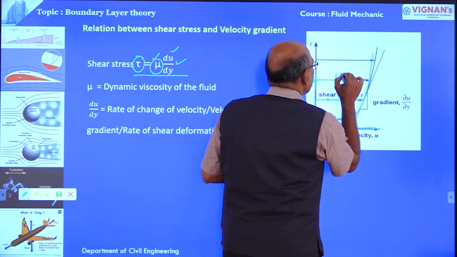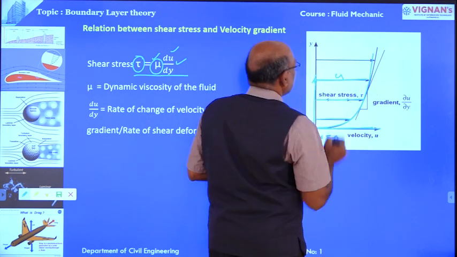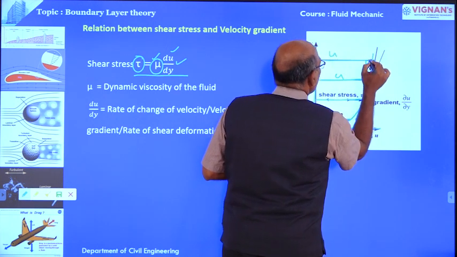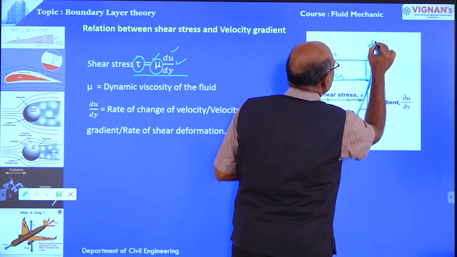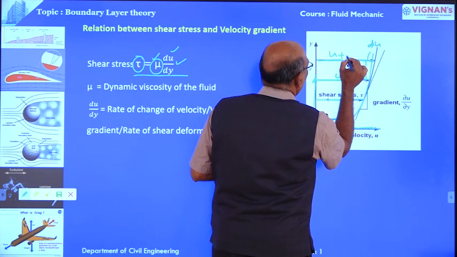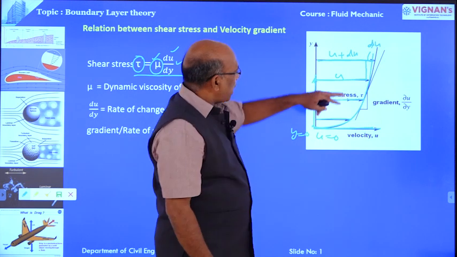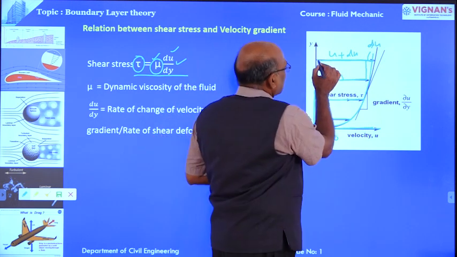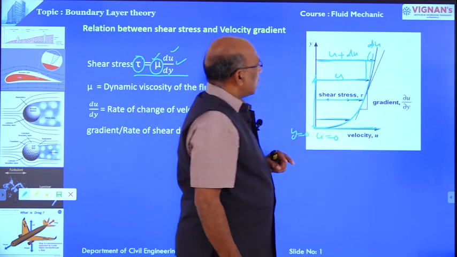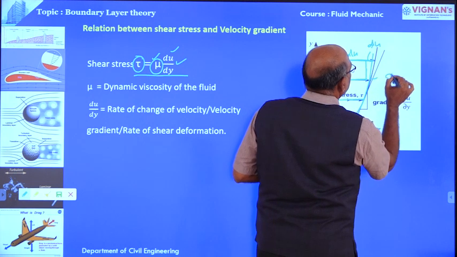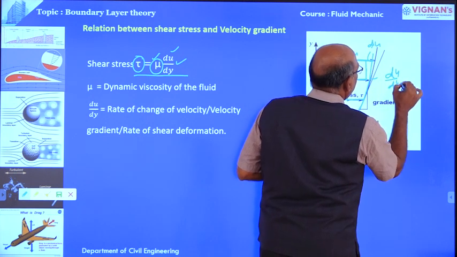Suppose the velocity over this layer is small u, and the velocity over the next layer is u plus du. Therefore, a velocity gradient develops, that is, velocity gradient is equal to du by dy.